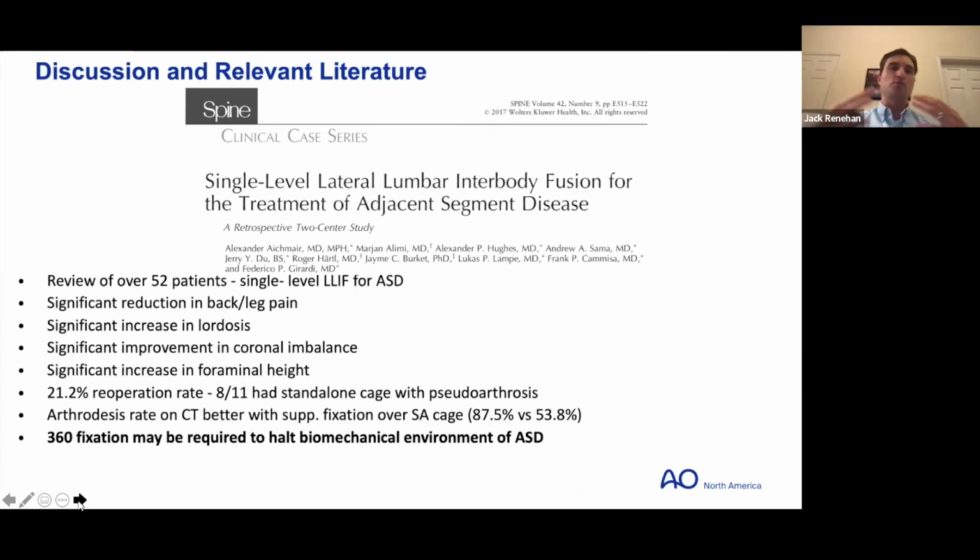How many of these patients were symptomatic was a much lower number, but certainly that increased the risk of revision surgery and essentially failure of their symptoms to stay resolved and return of their symptoms. So their conclusion based off of this series was they recommended to consider 360-degree fixation for adjacent segment environments. Next slide.